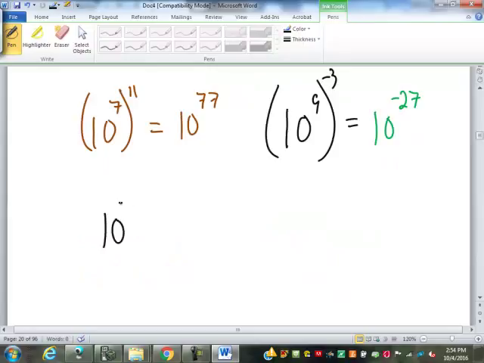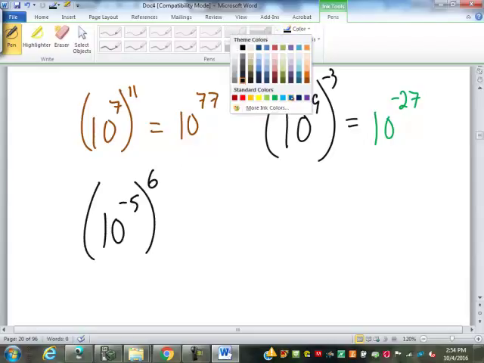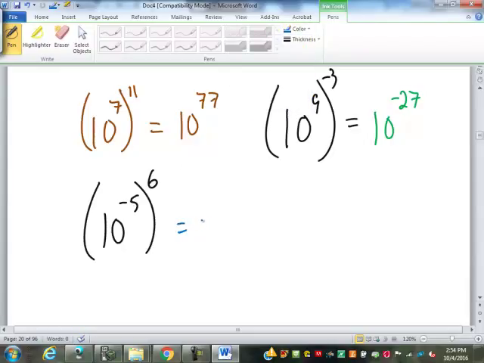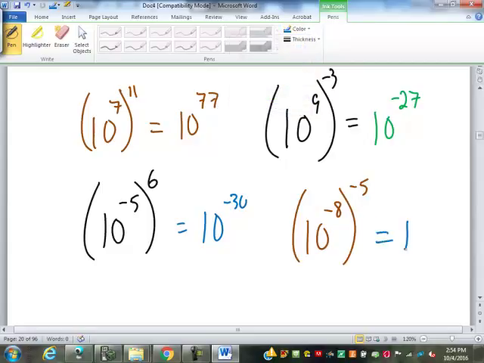Of course. 10 to the negative 5 to the power of 6. 10 to the negative 30. Negative 5 times a positive is a negative. How about 10 to the negative 8 to the power of negative 5? 10 to the positive 40.